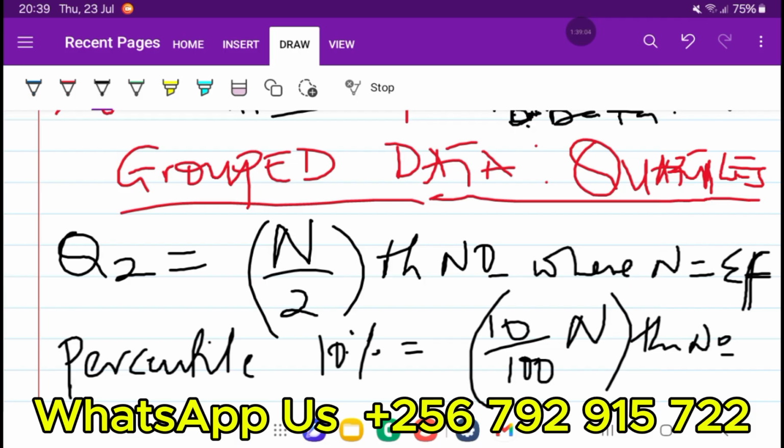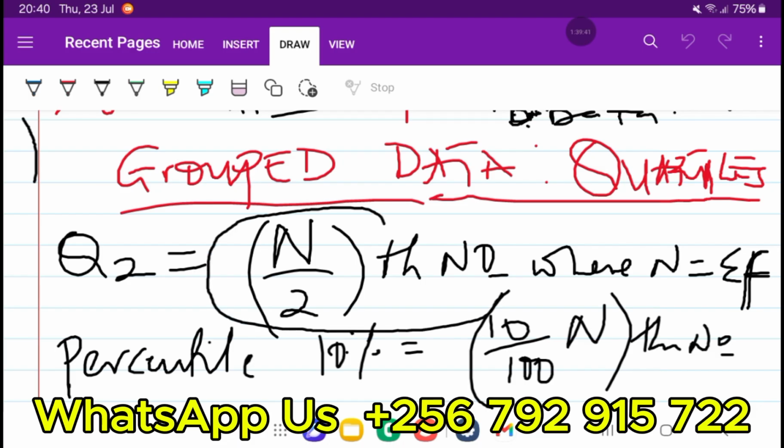This median, we know how to get the median. The same median we computed under the measures of central tendency is the same median that we are computing here. But what is going to be different, I just want you to locate this digit here in the formula that we are going to use.